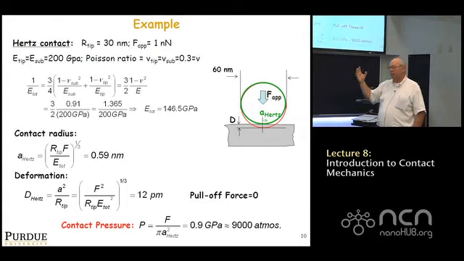So if the tip exerts a 1 nanonewton force on a hard substrate, and if this Hertz model is even remotely accurate, right, the pressures that the atoms in the tip and the atoms in the substrate feel are really rather large. They're thousands of atmospheres compared to the world that we live in.